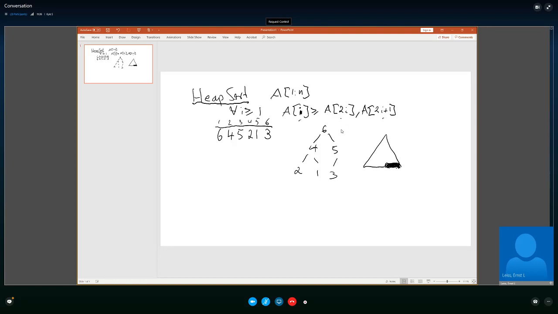So what you can derive from this array that satisfies this heap condition can of course also be done on the basis of the tree.